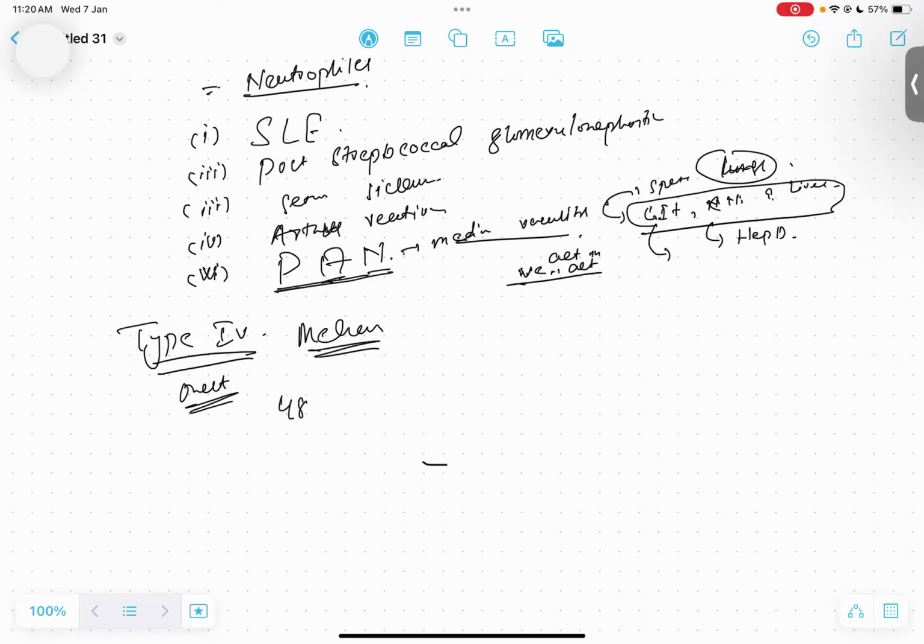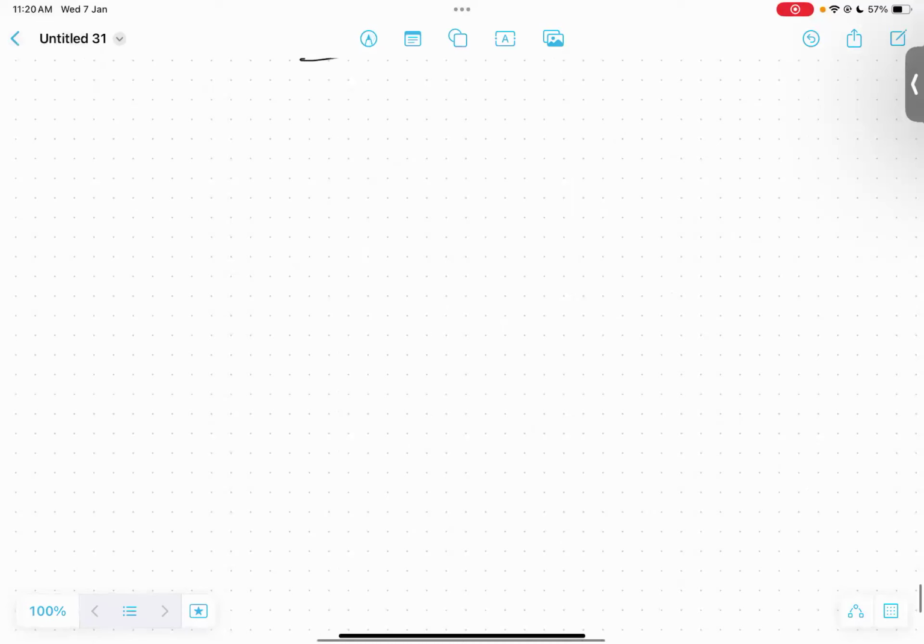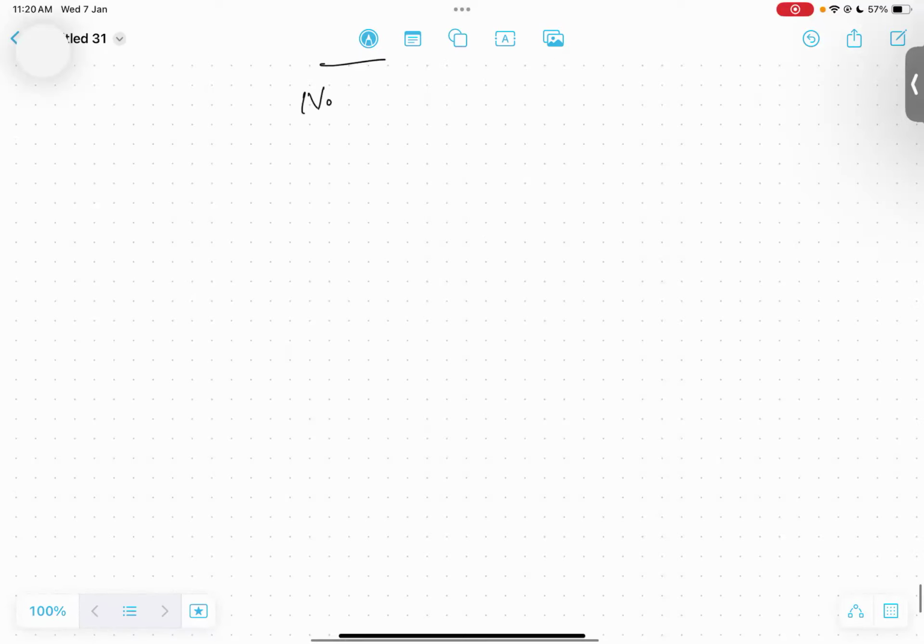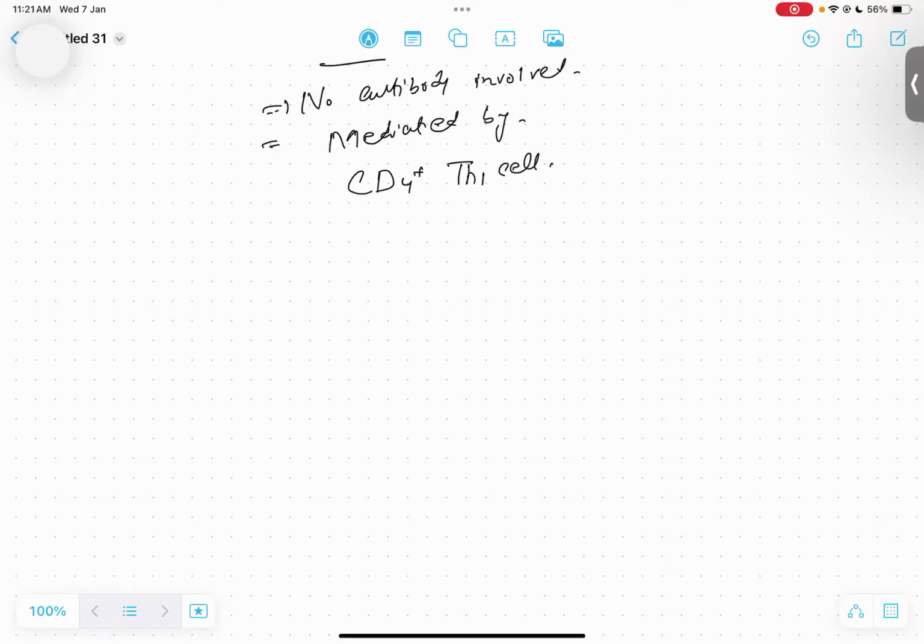The onset is usually 48 to 72 hours, with no antibody involved, and it is mediated by CD4 T helper 1 cells and CD8 cytotoxic T cells.